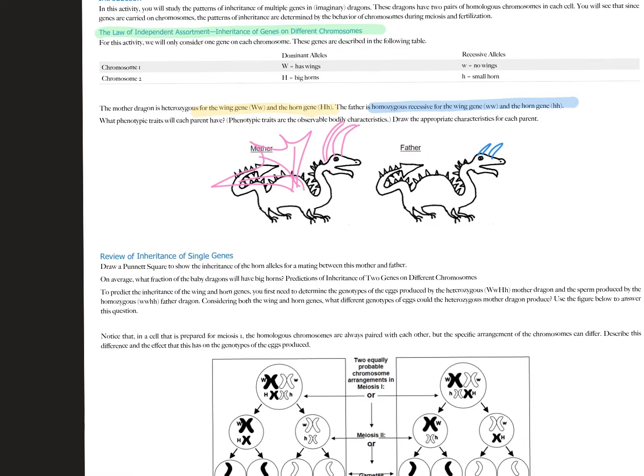What phenotypic traits will each parent have? The phenotypic trait that they would have is wings.